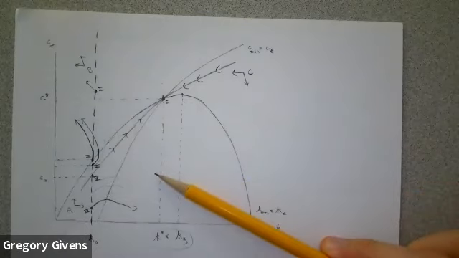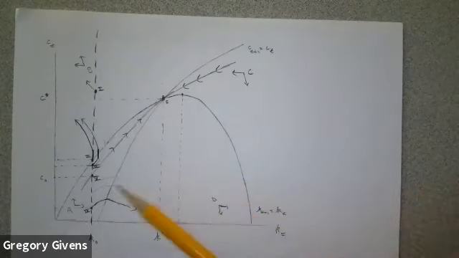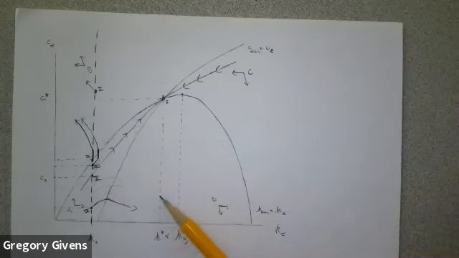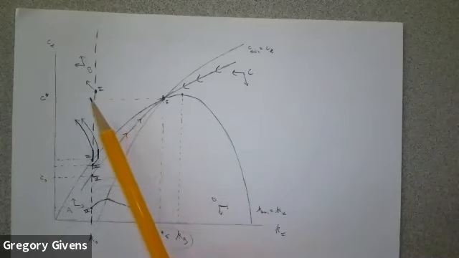If we are in region D, then obviously consumption is falling and the capital stock is rising over time. We're moving in a southeast direction. So if we are on a path that is in region D, it is impossible for that trajectory ever to spill back into regions A or B, right?